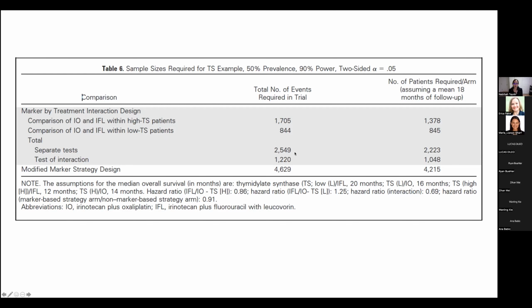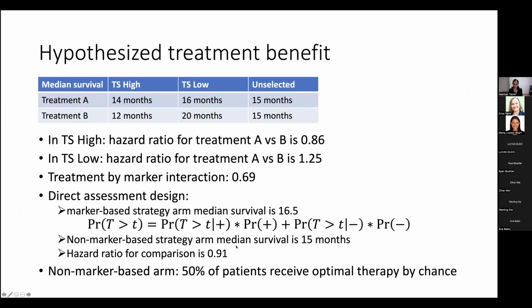And so let's say you wanted to do the separate tests. So compare the treatments within each arm. Then you're looking at the number of events required being 2,500. If you just power it for the test of interaction, you're looking at 1,200 patients. And then, like I said, with the modified marker-based strategy, that's the one where you're looking for a hazard ratio of 0.91.